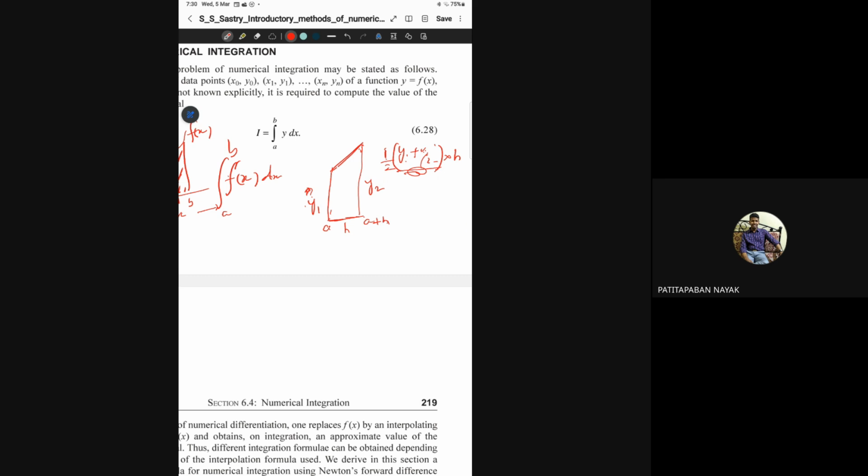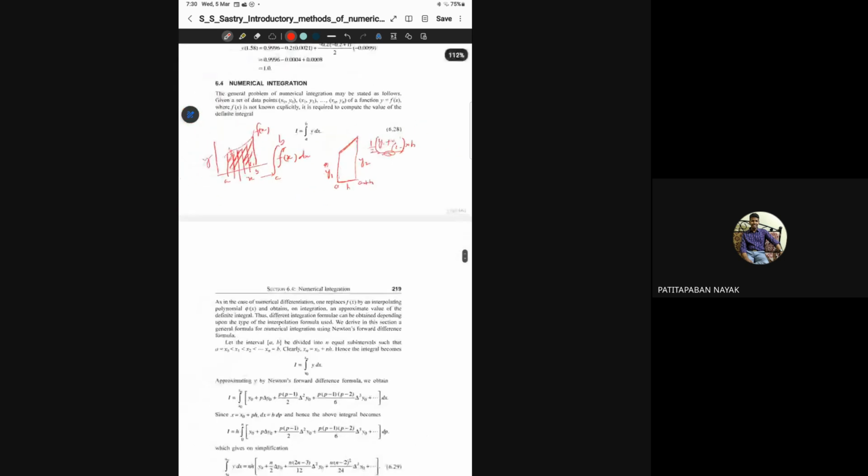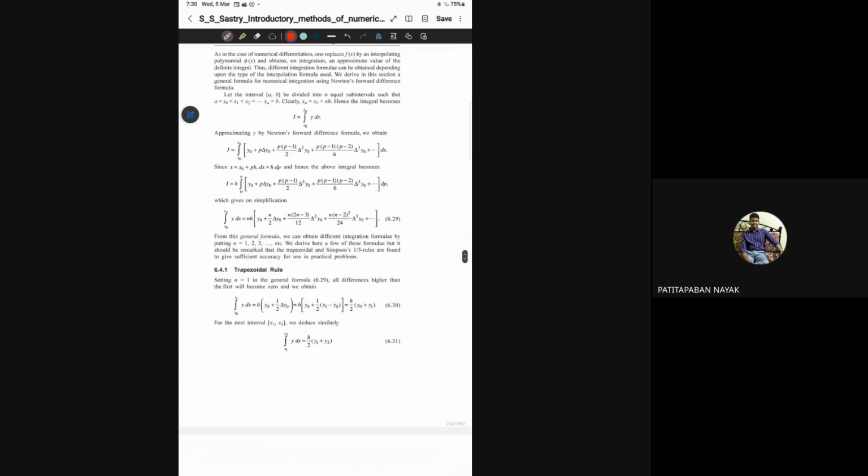At each value, we can find the value of f of x, like f of a plus h, f of a plus 2h. That is what is being done in the trapezoidal rule. So y naught plus half delta y naught.